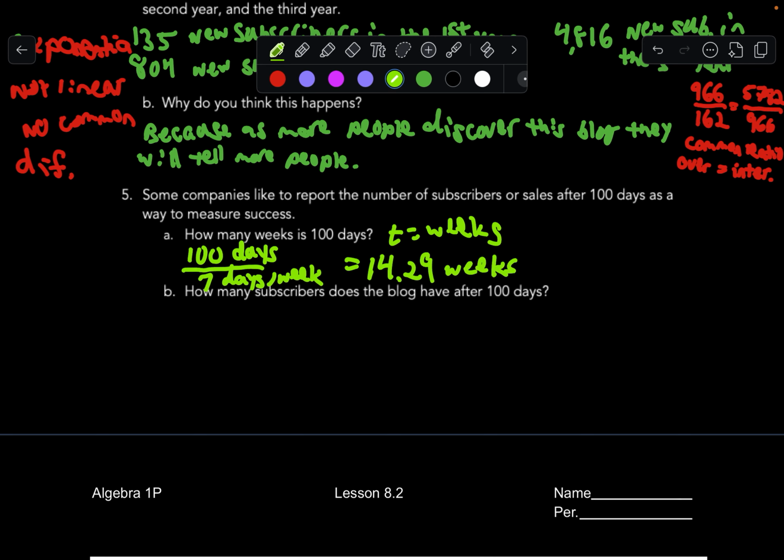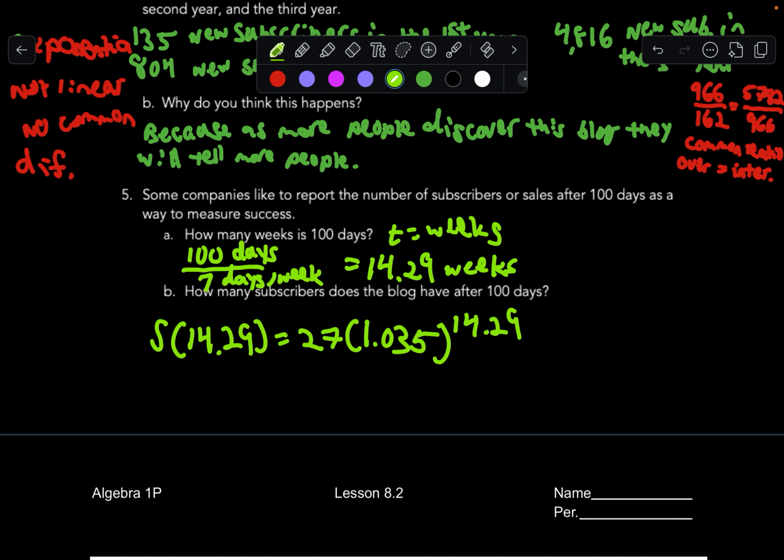So how many subscribers does the blog have after 100 days? Well, that would be S evaluated at 14.29, which equals 27 times 1.035 raised to the 14.29 power.